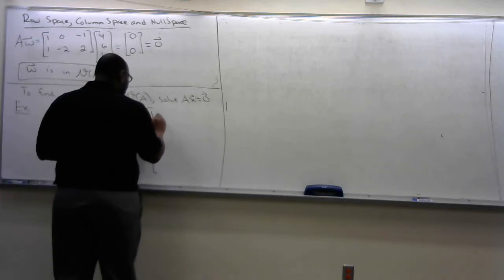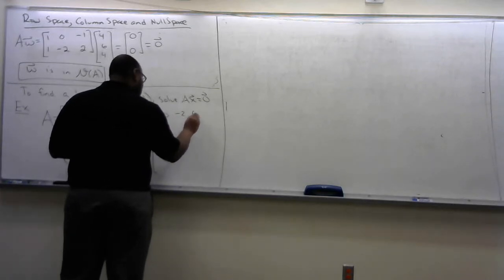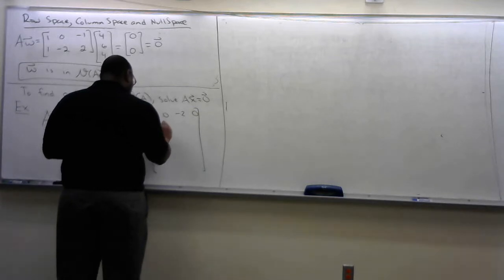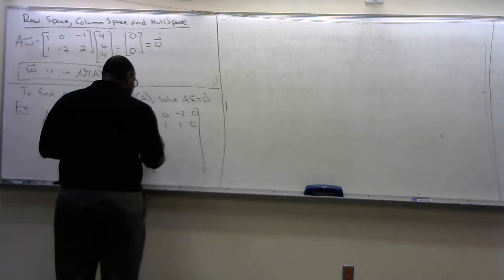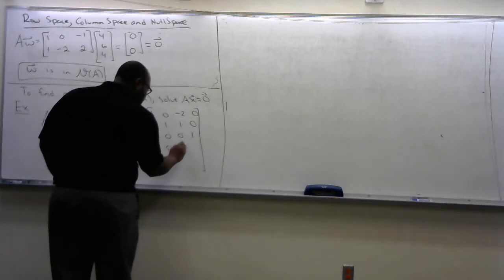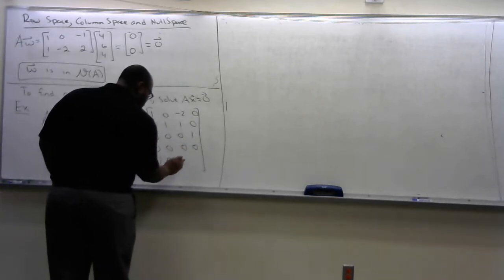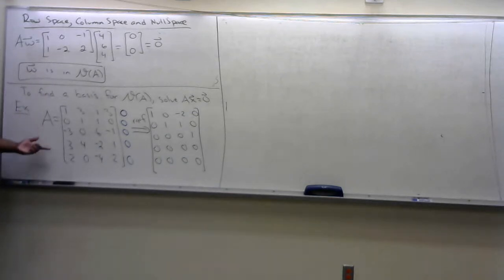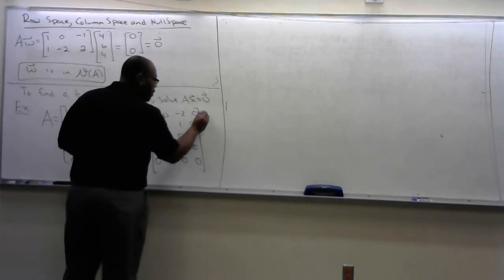From the last class, we have 1, 0, negative 2, 0, 0, 1, 1, 0, 0, 0, 0, 1, and then I have 2 rows of zeros. This is what we get when we do the reduced row echelon form of A. And remember, since we're dealing with AX equal to 0, I have another column of zeros right here.